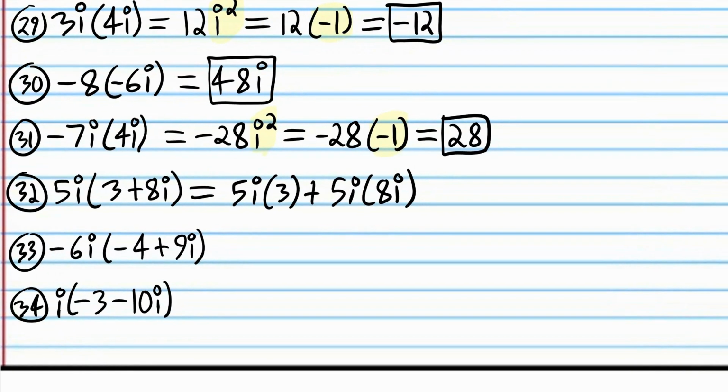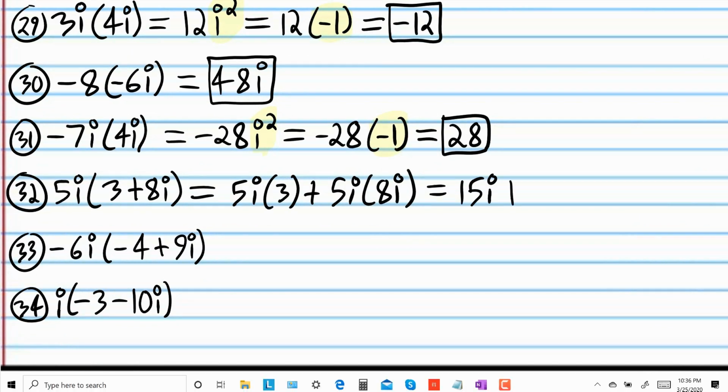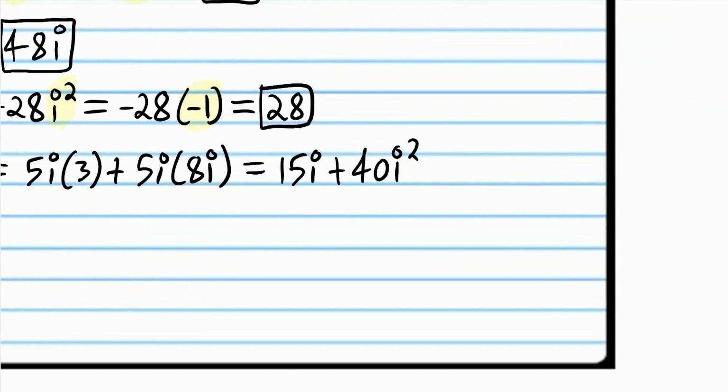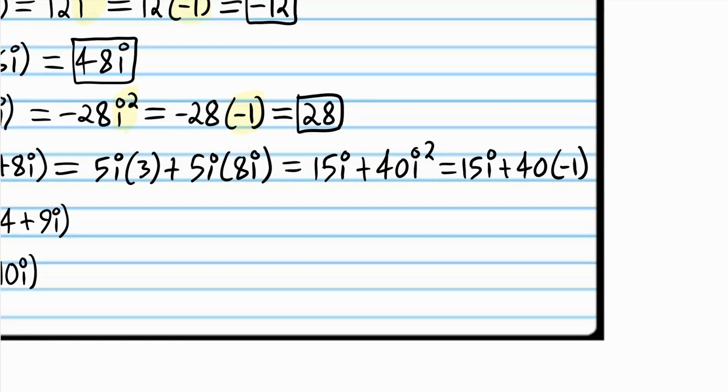All right, and so 5i times 3 is 15i, and 5 times 8 is 40, and I times I is I squared, obviously. And now we have 15i plus 40 times negative 1. And again, just to be absolutely clear, that I squared turns into that negative 1.